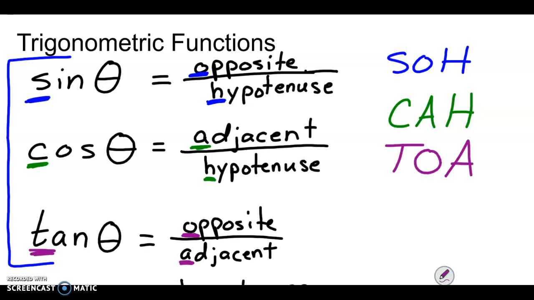So, SOH, CAH, TOA. That's the way that you're going to hear this referred to. You make sure that we have SOH for sine is opposite over hypotenuse, CAH, cosine adjacent over hypotenuse, TOA, tangent opposite over adjacent. Okay? So we got kind of a little way of memorizing that.